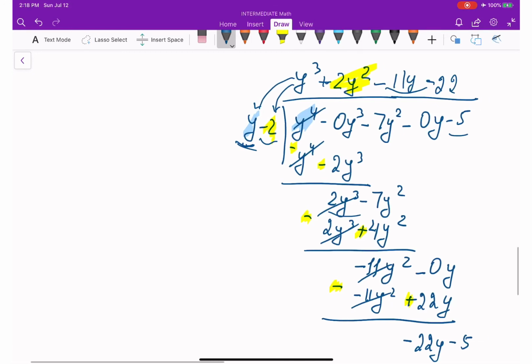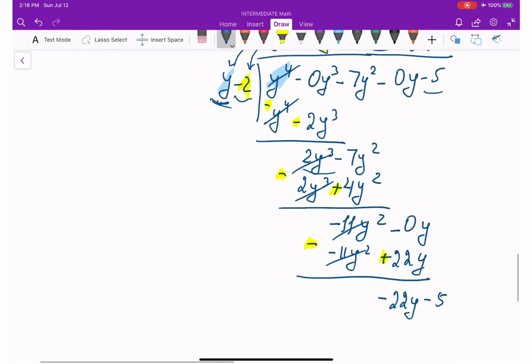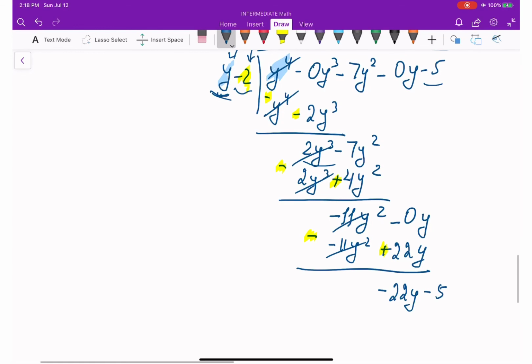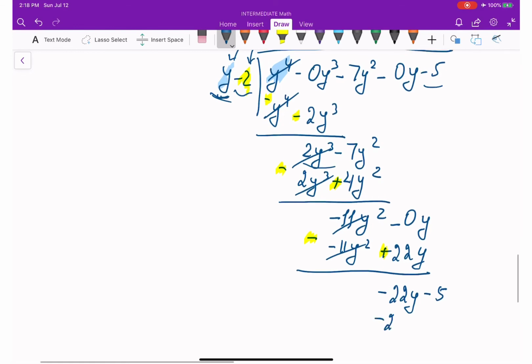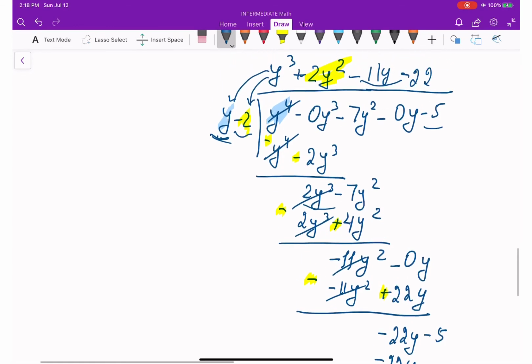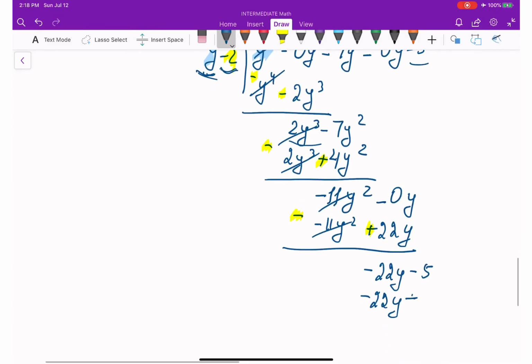So negative 22y divided by y is going to be negative 22. So negative 22 times y is going to be negative 22y. And then negative 22 times negative 2 is going to be positive 44. So when we subtract, this negative with this positive is going to give us negative, right? This and these are gone.